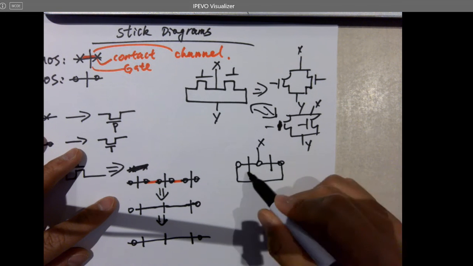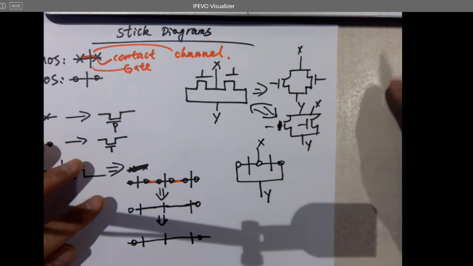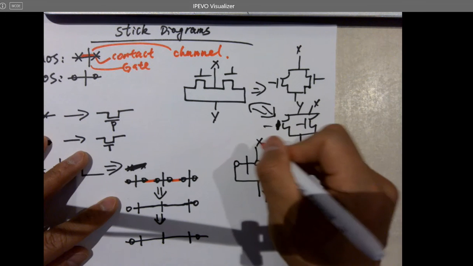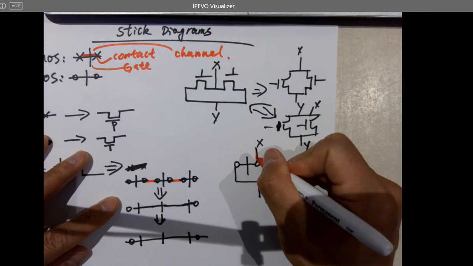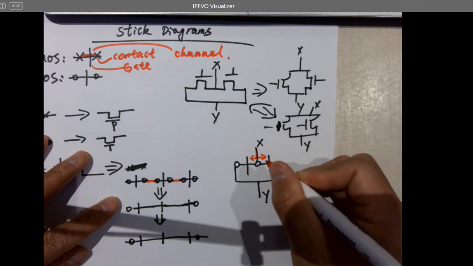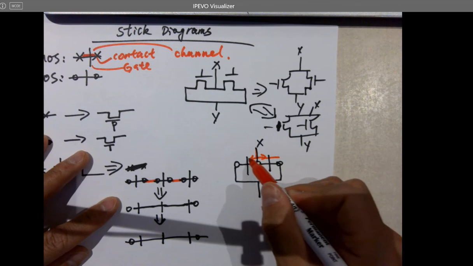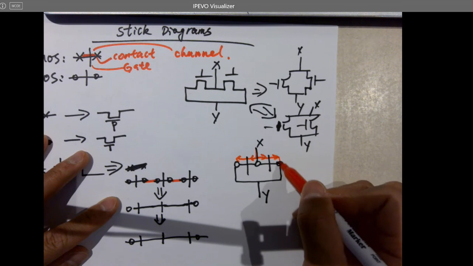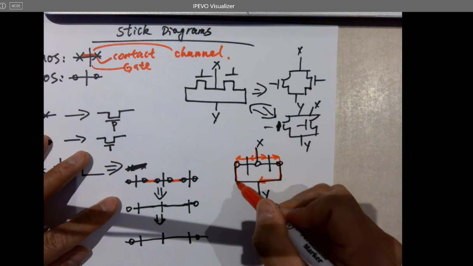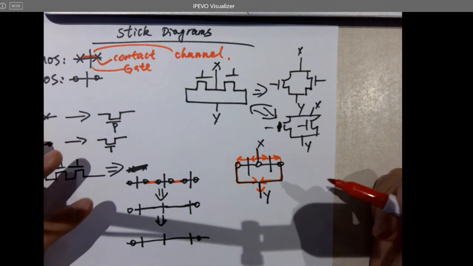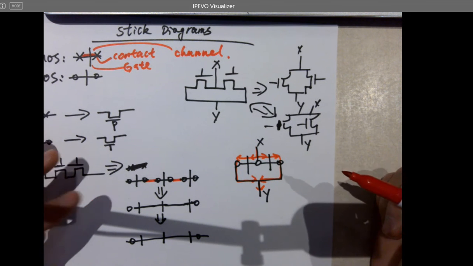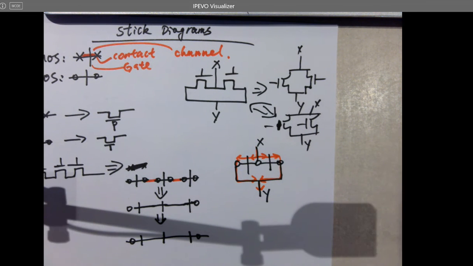These are the two gates. They are in parallel because if you feed a signal into X, it's going to be split in two directions and go through the channel of the two NMOSes and merge to this point. So that's why they are in parallel. Make sense? Okay.